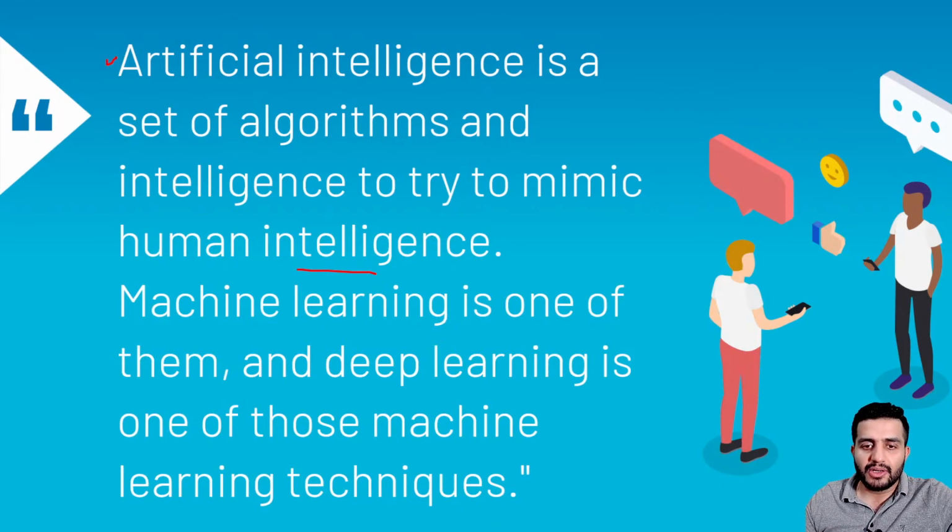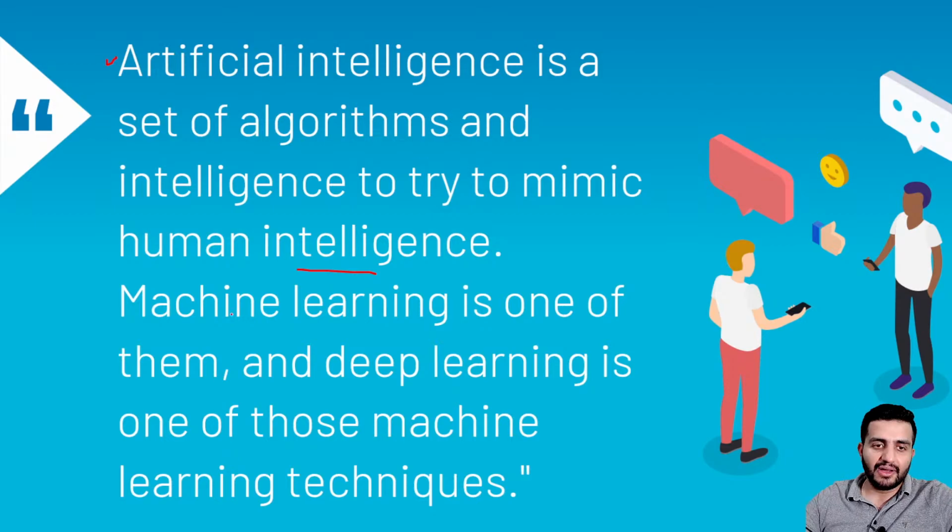So the intent of using artificial intelligence is to mimic what a human can do. With a set of certain rules and algorithms, we are trying to mimic the intelligence of a human brain onto a machine. So the machine is going to do what a human intelligence does. That is where artificial intelligence comes into the picture, right?